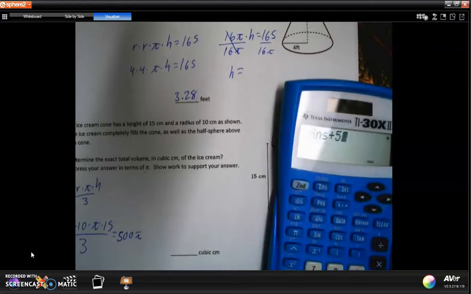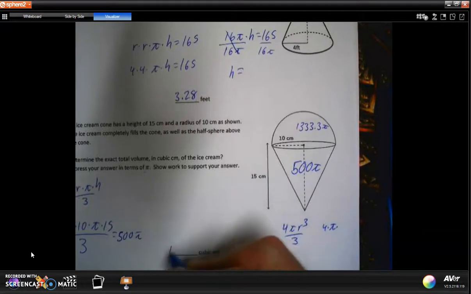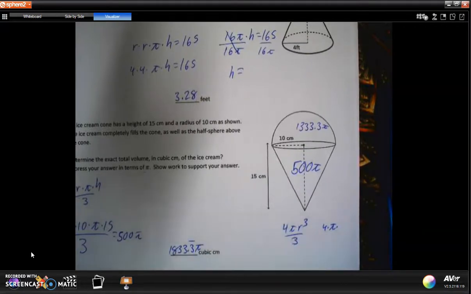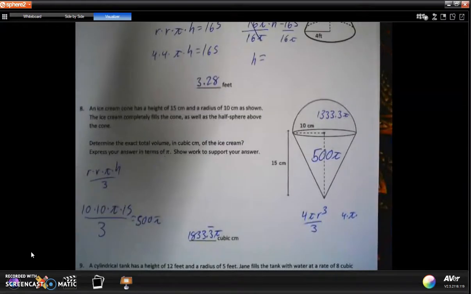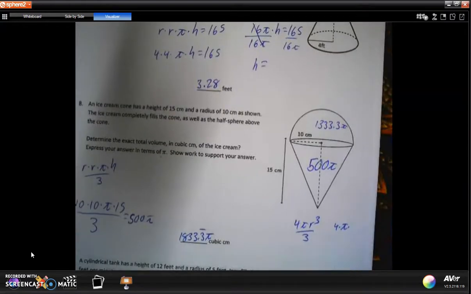Add 500 pi to that, and I get 1,833.3 repeating pi cubic centimeters. That one's kind of a tough one. That one is a little tricky.